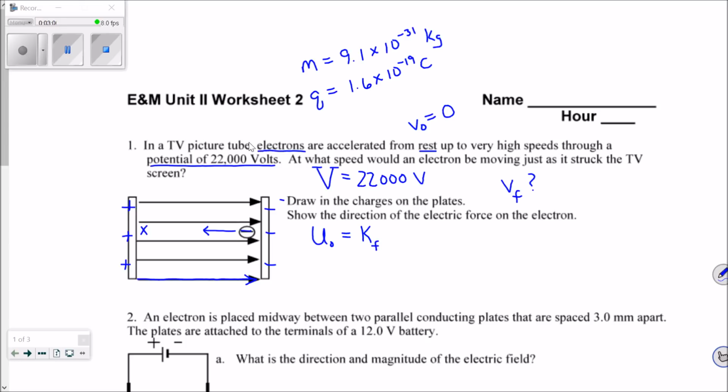So a very standard conservation of energy type question. Our potential energy, I have Q times E times D. However, I am not given E or D. But what I am given is a potential. That potential is my energy ratio.